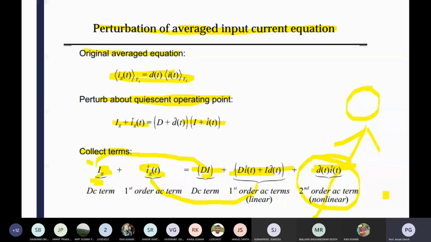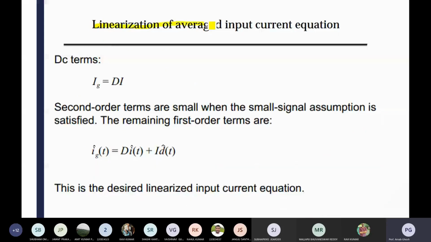Then the linearization of that average input current: for the DC term you will get Ig equals DI. The second order term is small when the small signal assumption is satisfied. The remaining first order terms: ig cap(t) equals d i cap(t) plus I d cap(t). So finally it is coming. So this is the desired linearized input current equation.